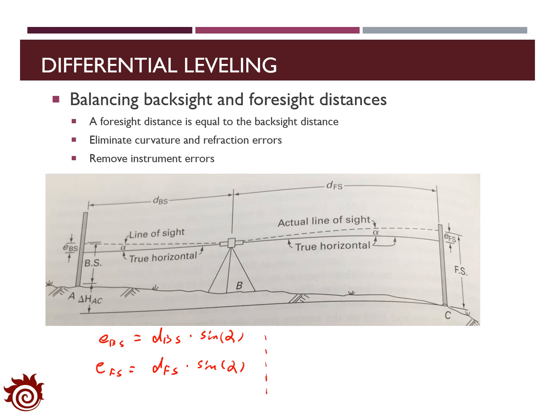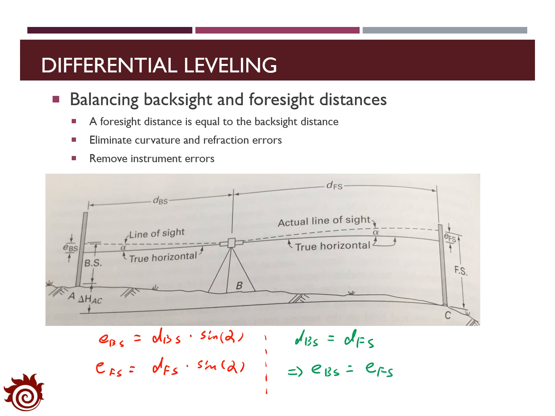In this balancing method, we put the leveling transit exactly at the middle of the two points A and C. In that sense, we will have DBS equal to DFS. This indicates that the error EBS will be the same as EFS.